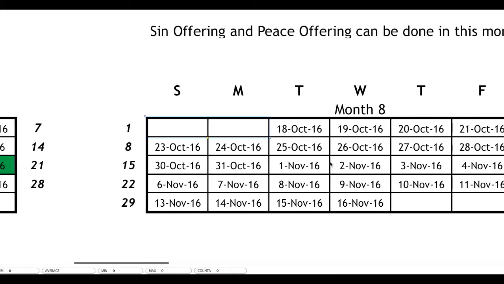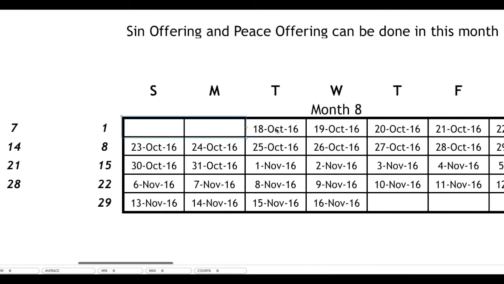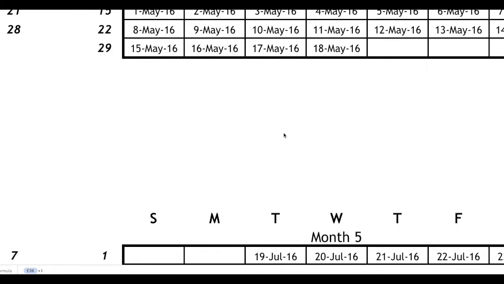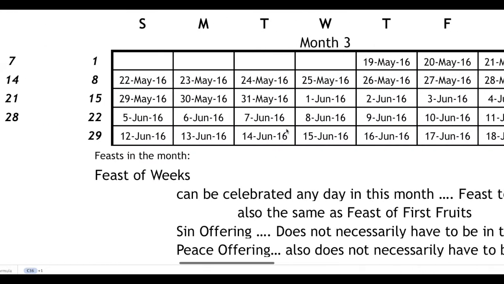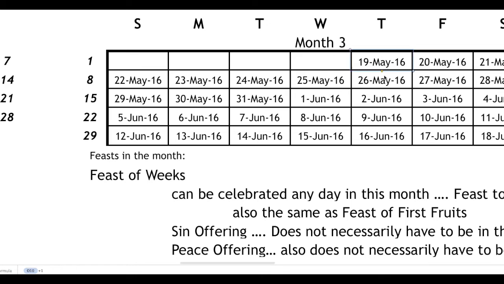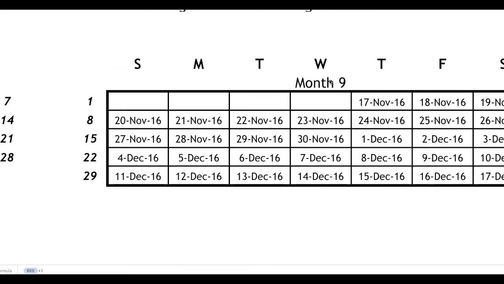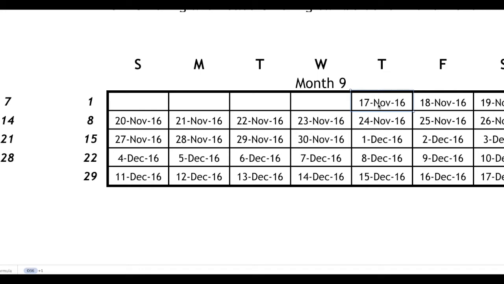So, for instance, the first day of the 8th month is the 18th of October, while the first day of the third month is 19th of May, like I said earlier, and the first day of the 9th month is 17th of November. That's how you count it, brothers and sisters.